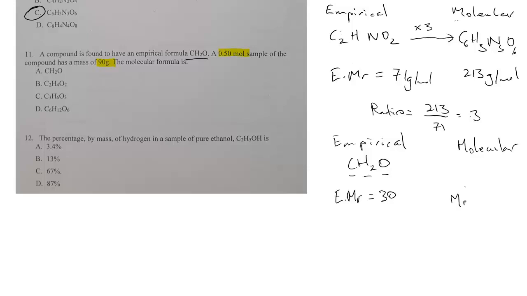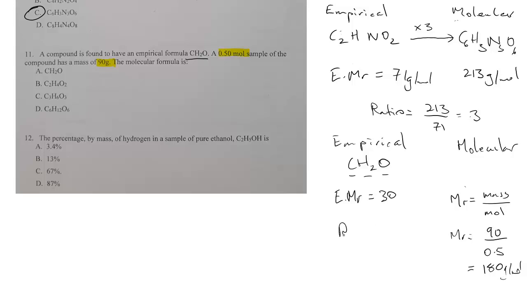Remember that molar mass can be found by taking the mass and dividing it by the mole. In this situation, we are told that 90 grams gives us a mole of 0.5. When you work that out, that gives us 180 gram per mole.